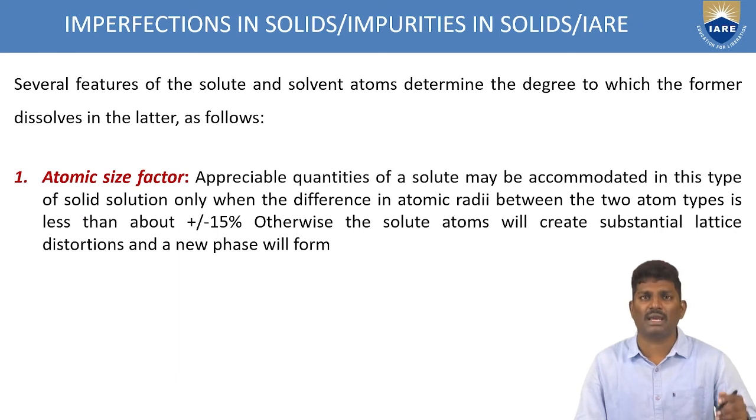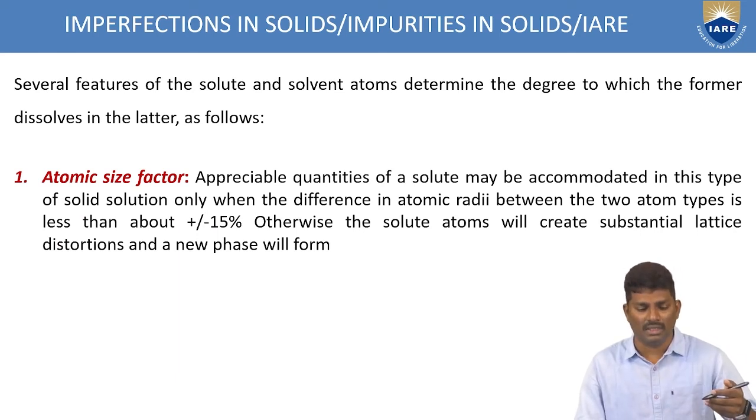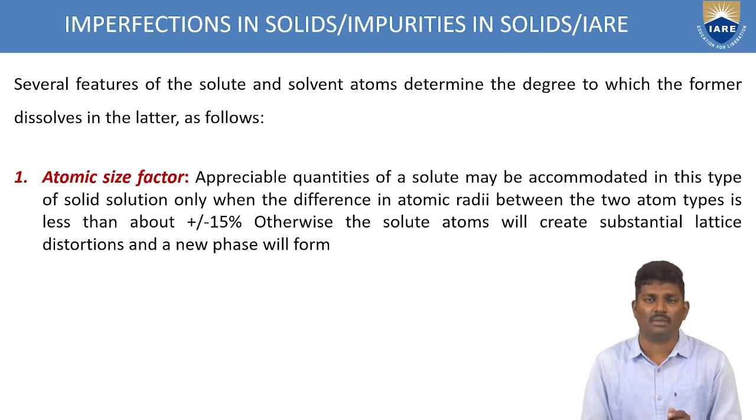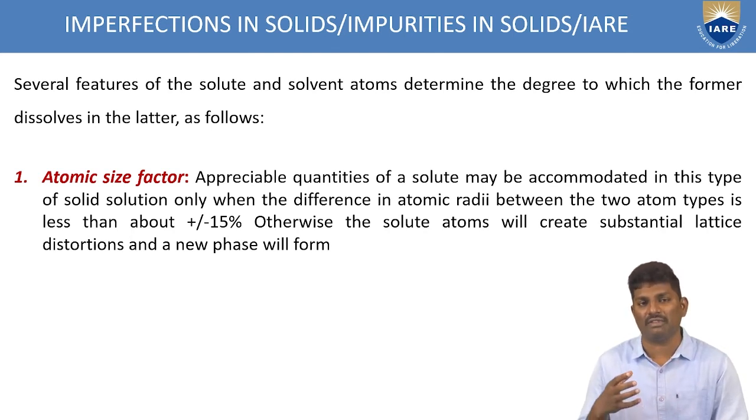And what are the different types of features that are determined during this process? First is the atomic size factor. What is the use of this atomic size? These are the features which are affected because of those solid solution impurities.